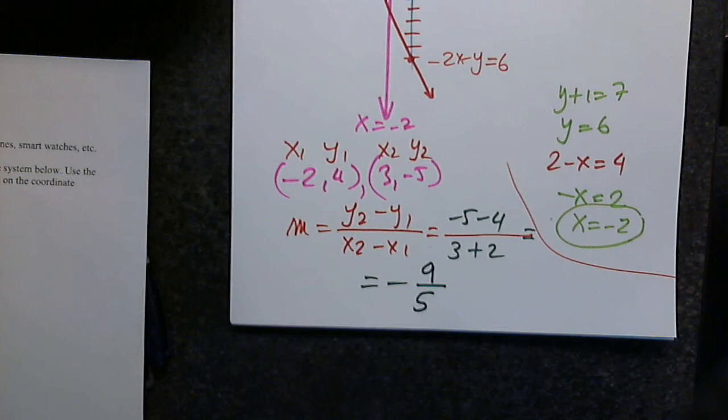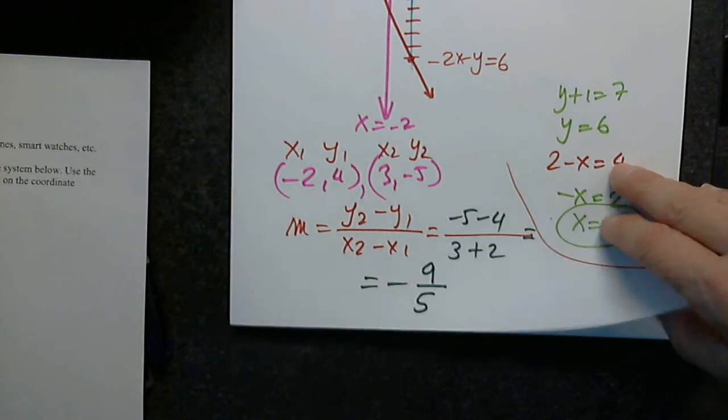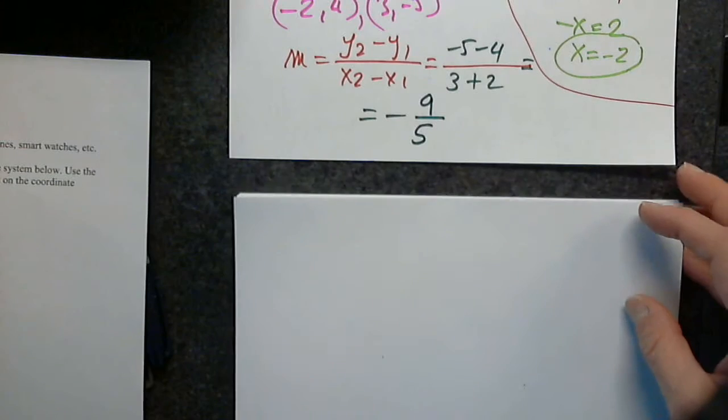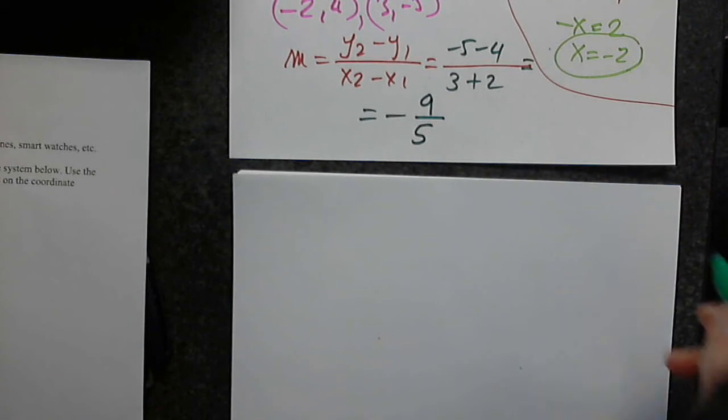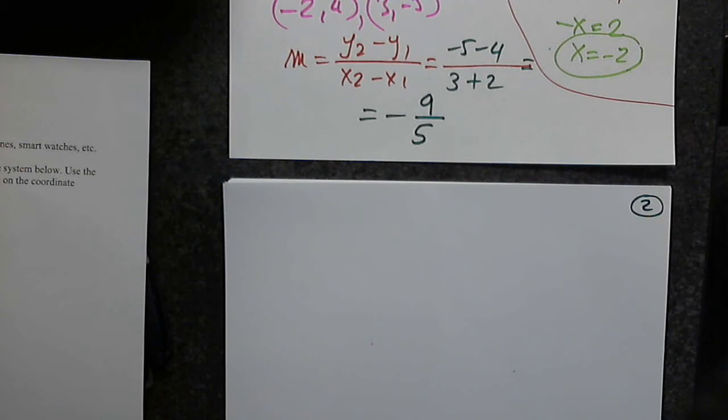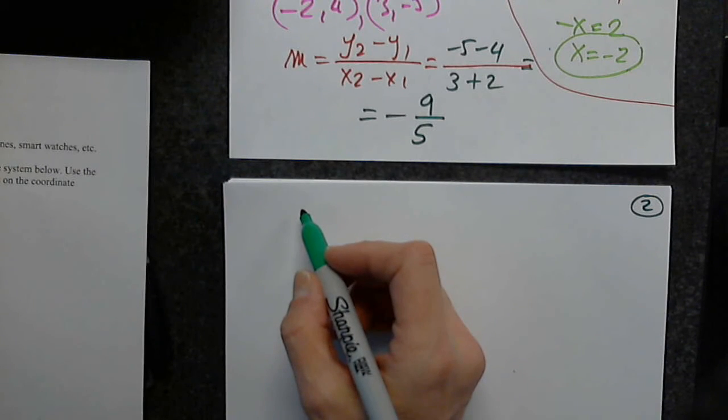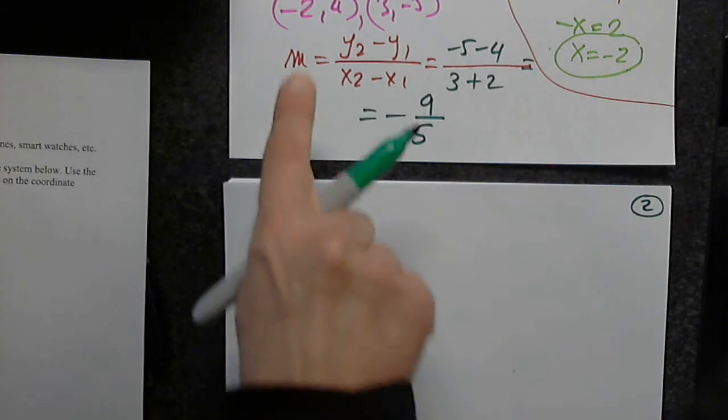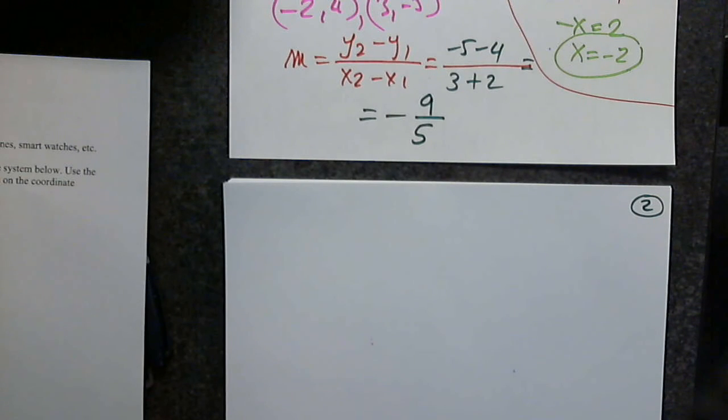What happens next? After I determine the slope, what will be the next step? You've got to write the slope-intercept form. Yes, but I'm not there yet because I'm not given the y-intercept. But I will eventually.